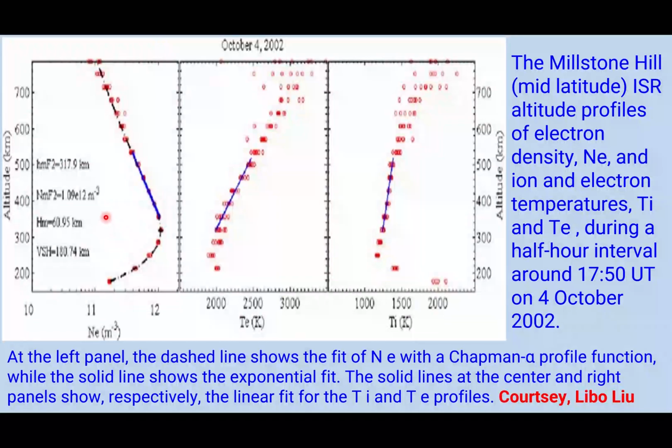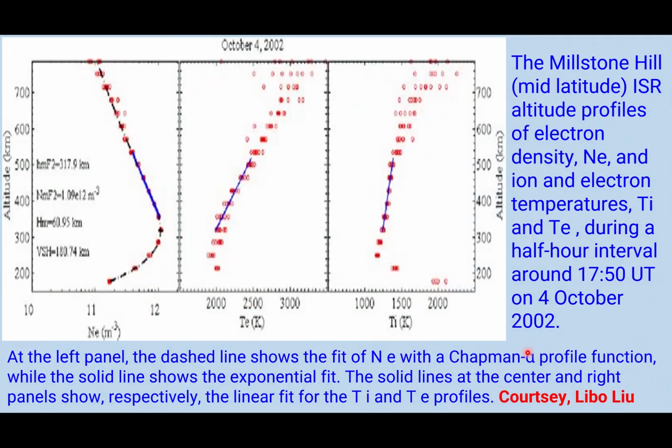What is the maximum electron density NmF2? It is 1.09 times 10 to the power of 12 per meter cubed. Similarly, many other parameters can be obtained, and the observed points are fitted by an alpha Chapman layer here. So we see that Chapman's theory fits very well with the observations using this technique.